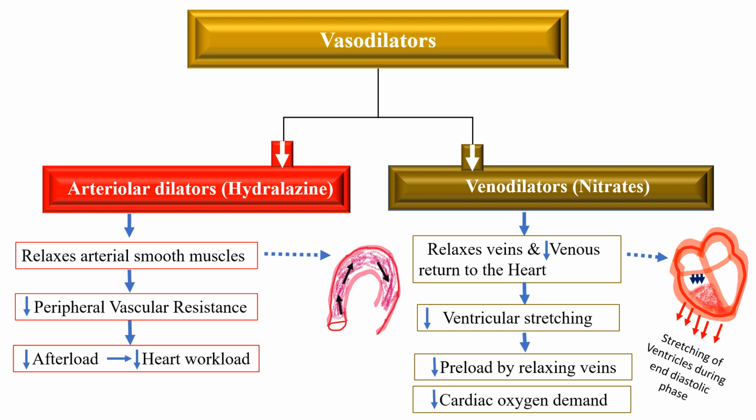In case of increased preload, the blood remains in the ventricle, which causes overstretching of ventricles. When ventricles are stretched, it is a tough time for the heart to push the blood from the ventricles by contracting. To do that, the heart needs more energy and it demands more oxygen to pump the blood.